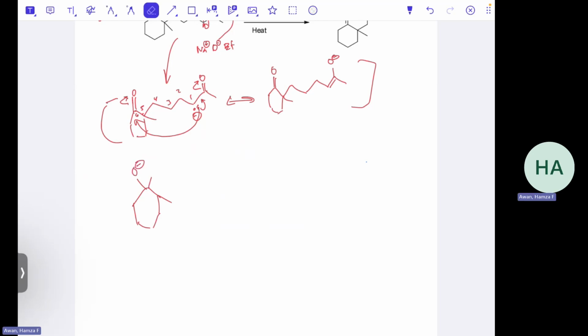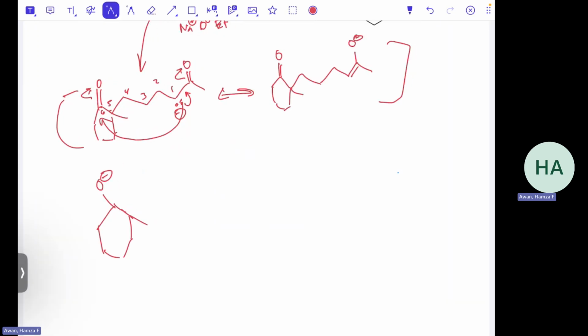And then our cyclohexane that we have, if we count our carbons, it's going to be carbon 6, carbon 5, carbon 4, carbon 3, carbon 2, carbon 1.